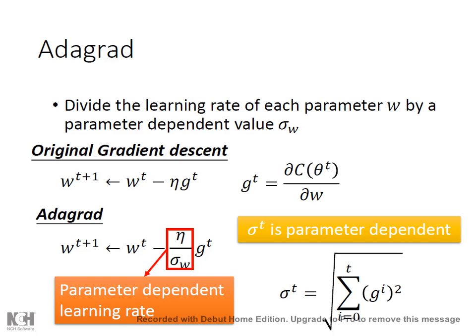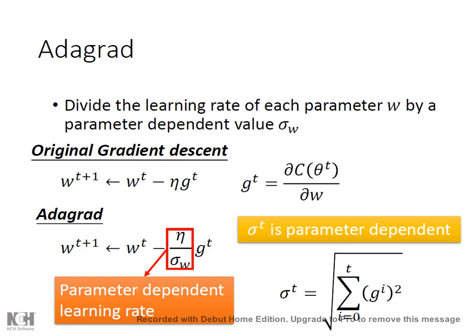Okay, so what is the purpose? Actually, you see, in this process, if your gradient is larger, then your sigma will be larger, right? And we put it here in the denominator. It will make the overall ratio smaller, right?